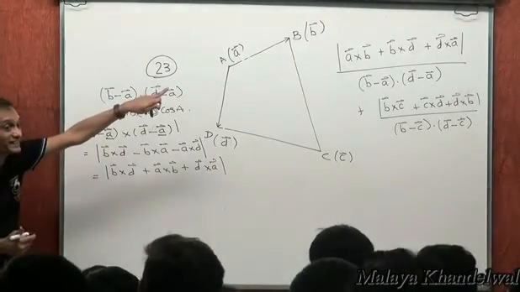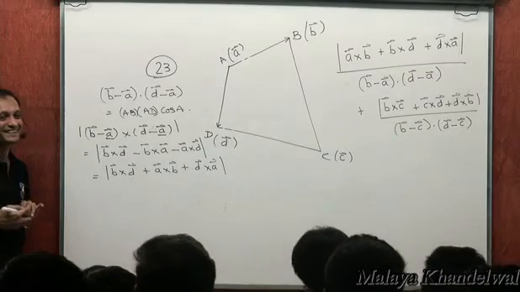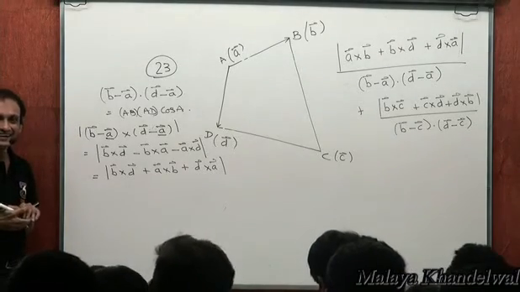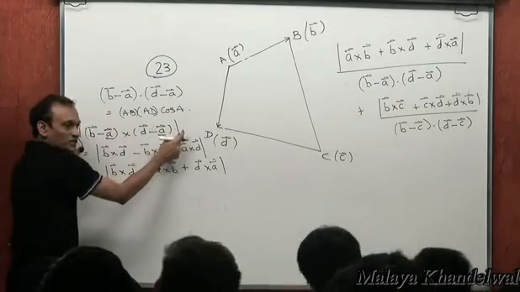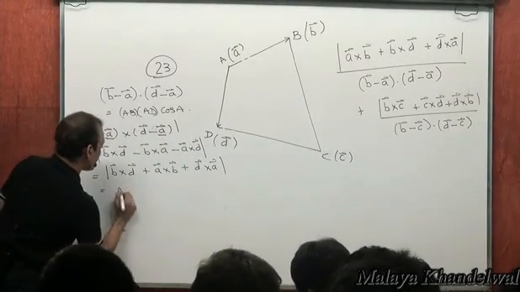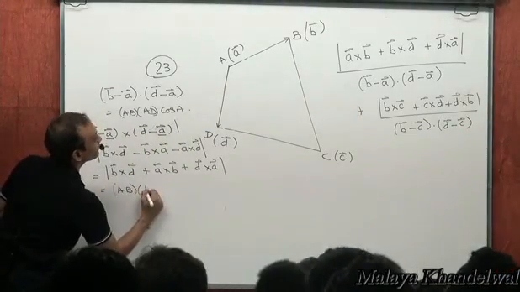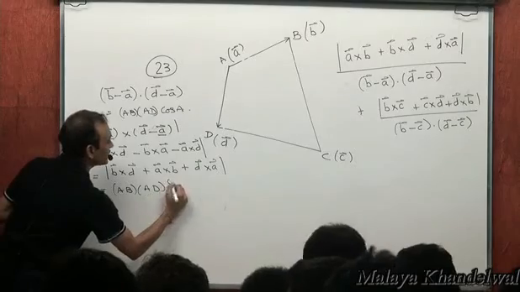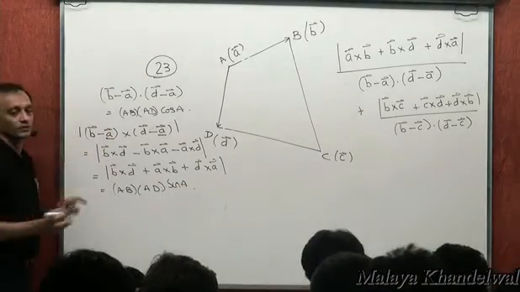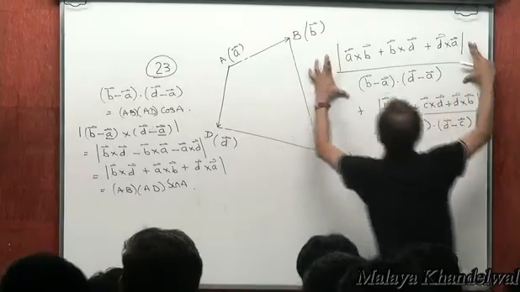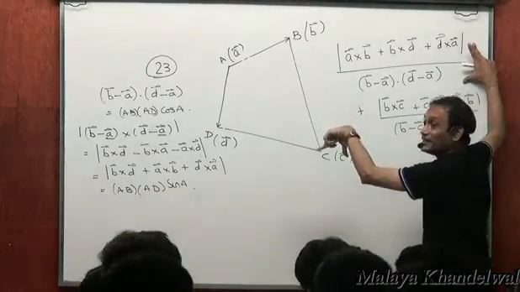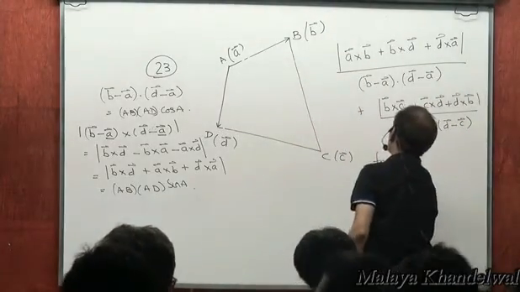Which is what the numerator is. Do you realize that? Right? So, mod of this cross this is actually AB into AD into sin A. Therefore, the first term ABAD will get cancelled. It will simply be tan A.